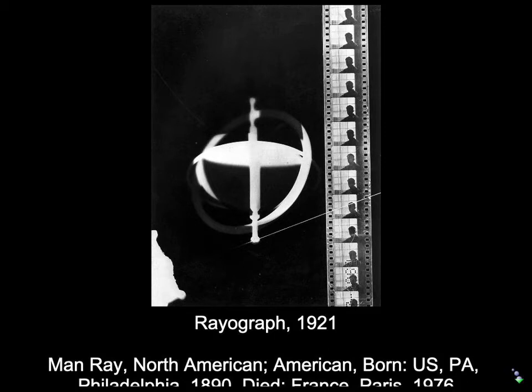So he does that by taking things and going into the darkroom and simply placing things on the photographic paper and exposing the paper briefly and then developing it, bypassing the camera altogether. He didn't know what to call these things, and so he cleverly called them rayographs. They're not photographs, they're rayographs, and of course Ray plays off his name, but it also plays off the idea that you're shining light rays onto the photosensitive paper to create these objects.